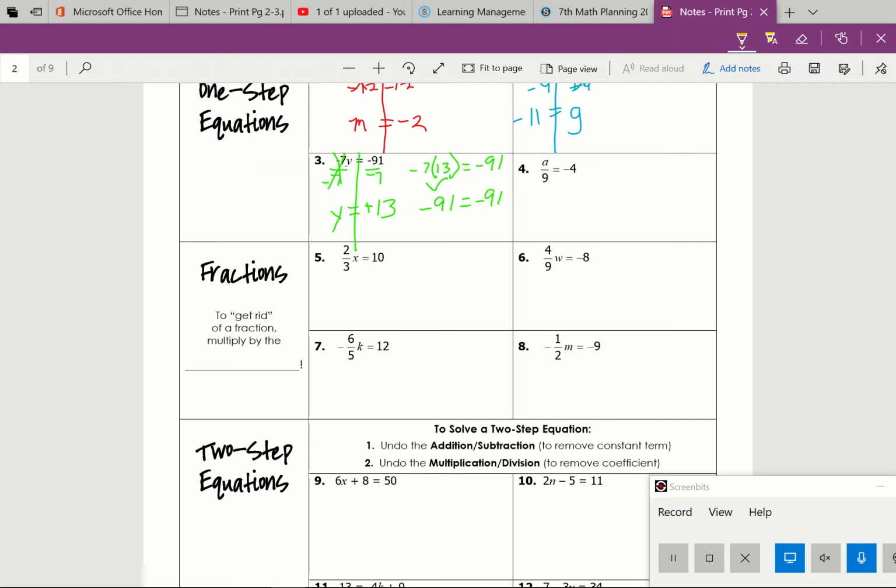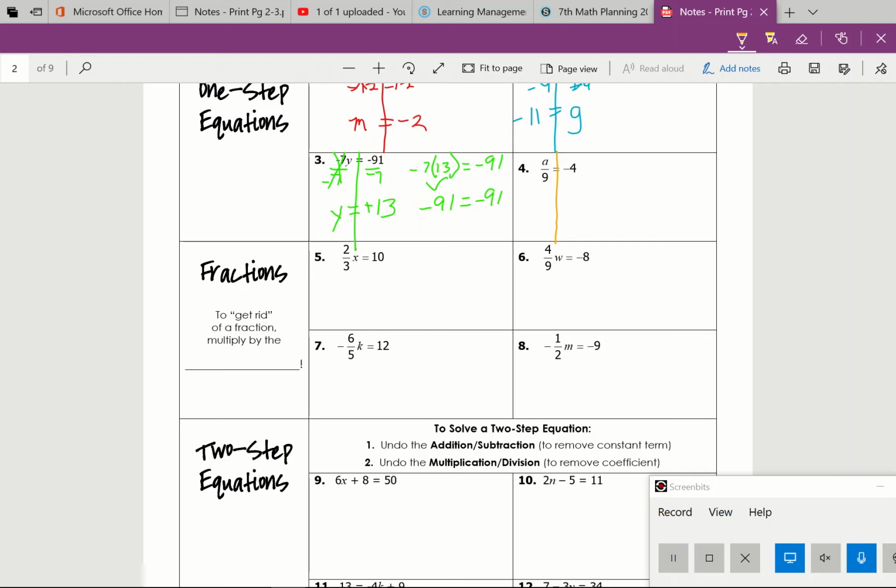So number 4 is the one that freaks everybody out. Don't freak out. Draw your line. What number is on the same side as your variable? 9 is. So we don't touch negative 4. We're going to leave it, and we're going to get rid of 9. Is this a plus 9, a minus 9, a times 9, or a divide by 9?